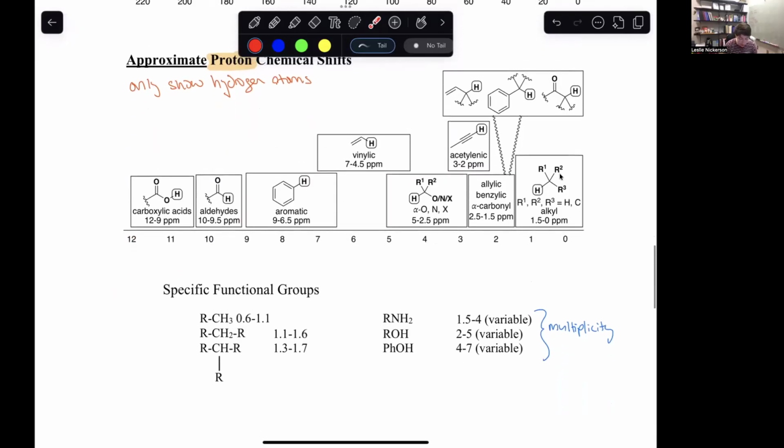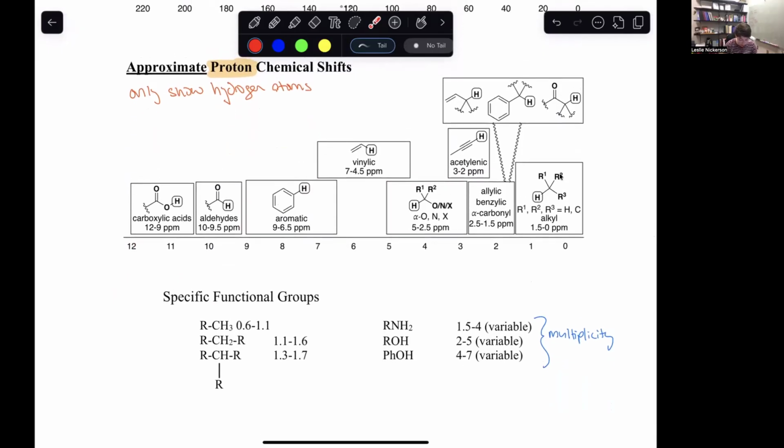If we're talking about specific functional groups in proton NMR, it is helpful to note that as you have more protons on the carbon of interest, that chemical shift is going to be more shielded.